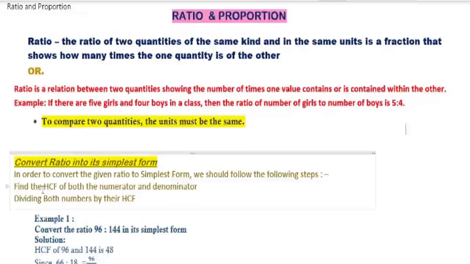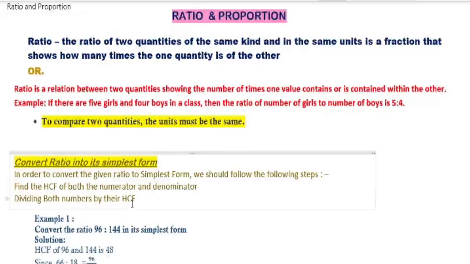First one, convert a ratio into its simplest form. In order to convert the given ratio into the simplest form, we should follow these steps. First, find the HCF of both the numerator and denominator, and divide both numbers by their HCF.